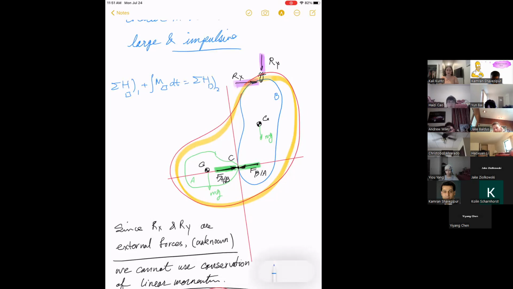The question is, what is this point? What should I put here? Can I put G? But if you put G, G goes for one of them. If I put this G or that G, it may not be useful.